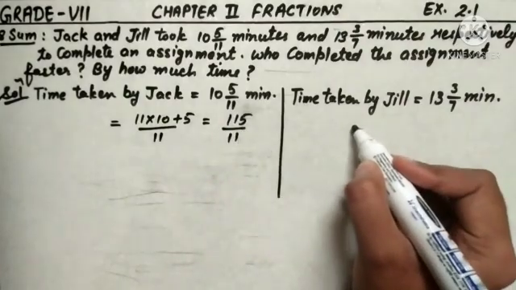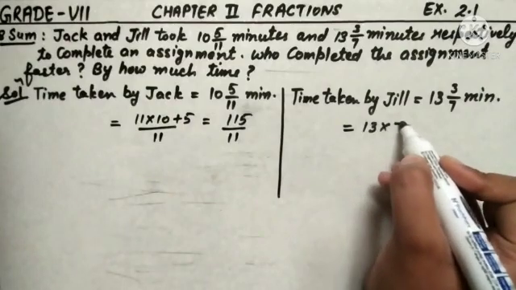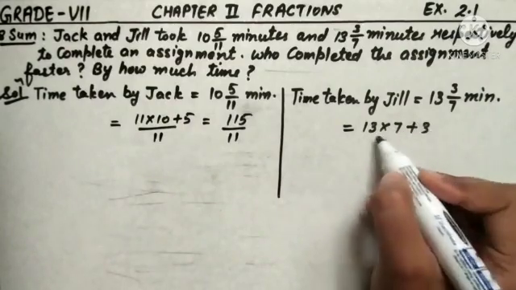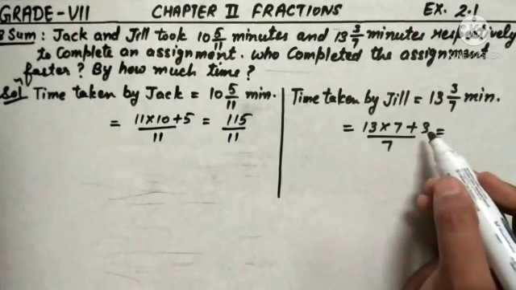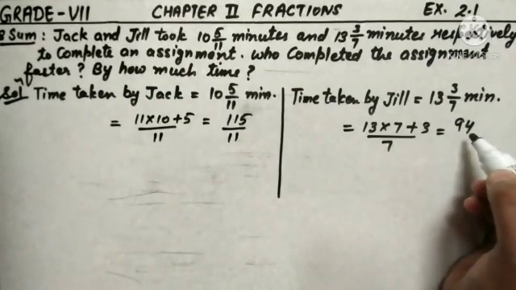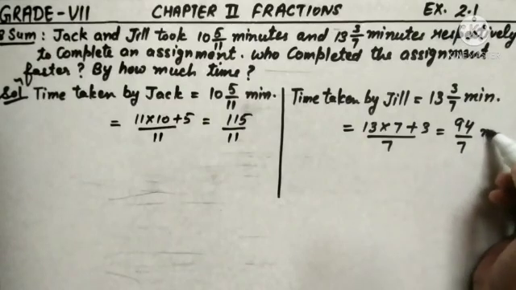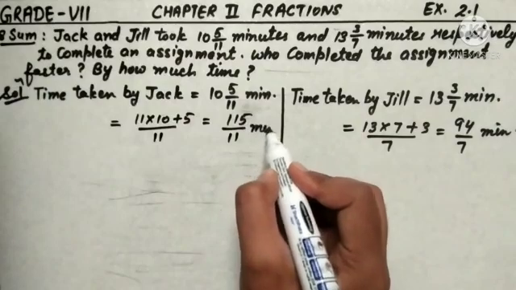Similarly on this side, 13 multiplied by 7 plus 3 divided by 7. 13 sevens are 91, plus 3 equals 94. So the value becomes 94 upon 7 minutes. Here it is 115 upon 11 minutes.